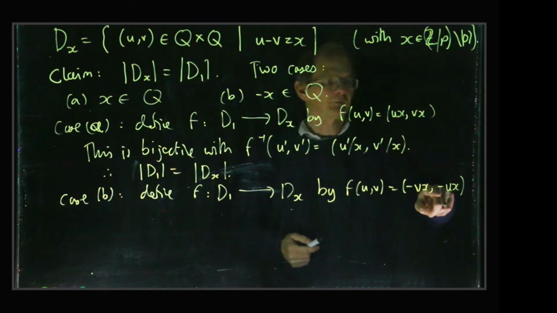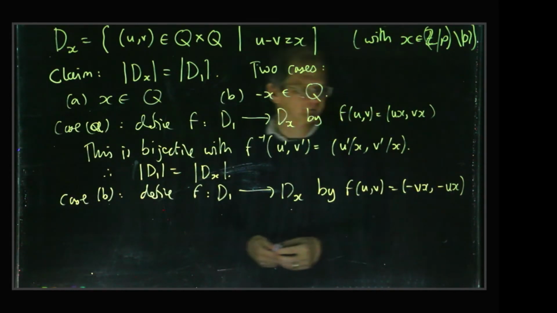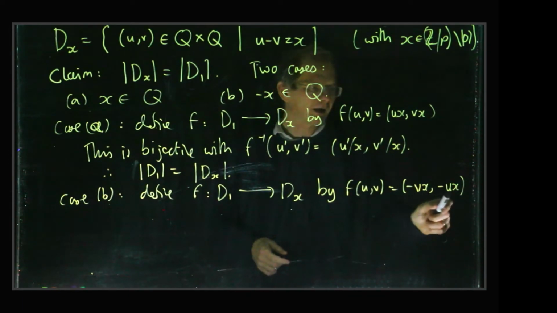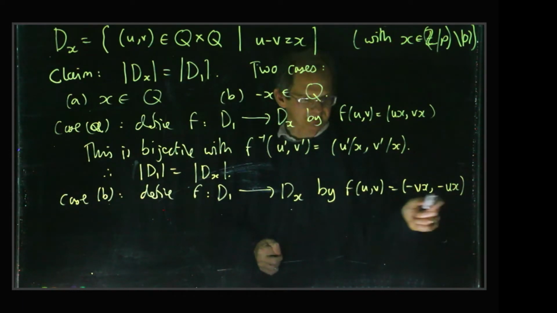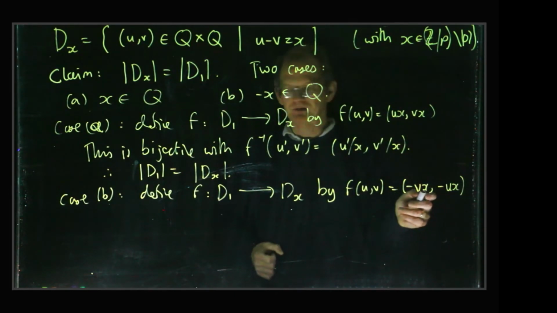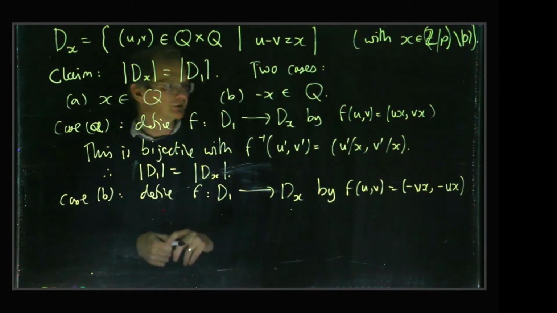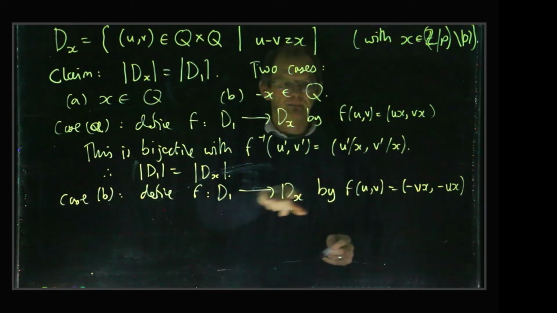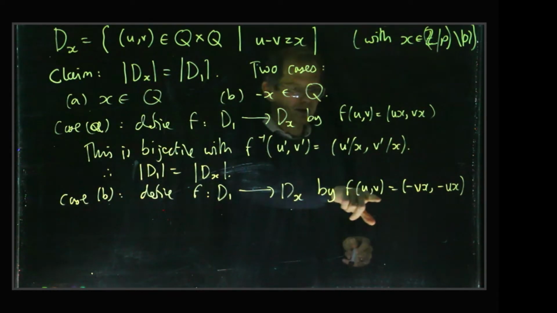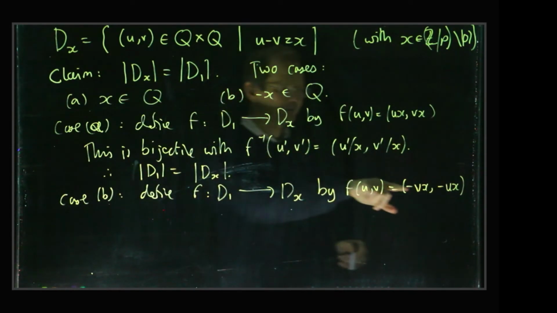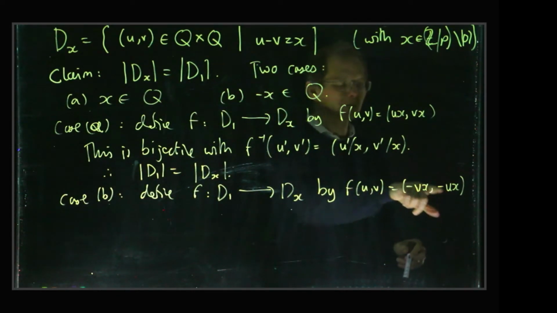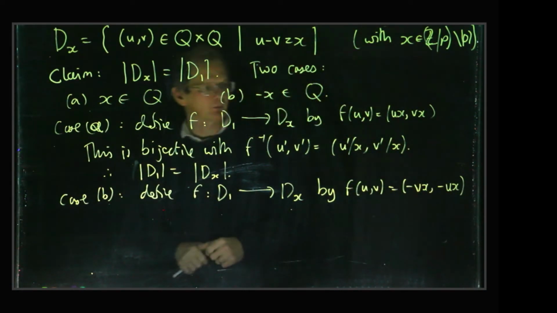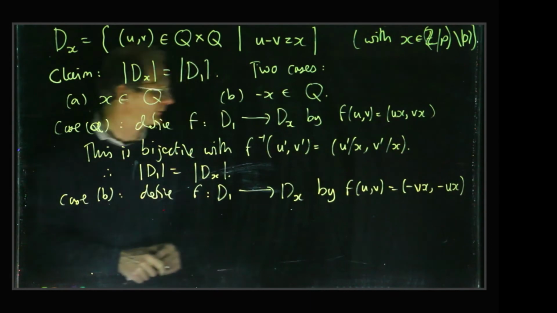Similarly here you multiply minus x by u, that's a square. So both of these are squares, and if you take this one minus this one, that's going to be the same thing as u minus v times x. Here (u,v) was supposed to be an element of D1, so u minus v is 1, and so minus vx minus ux, that's the same thing as u minus v times x, which is equal to x.